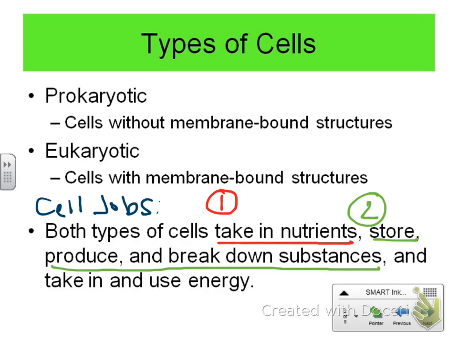So as those things are coming through your body, the cells are working on breaking them down and getting the nutrients where they need to be, getting the waste where it needs to be. Okay, and so I bet by looking at it, you can figure out what number 3 is going to be. And number 3 is to take in and use energy.